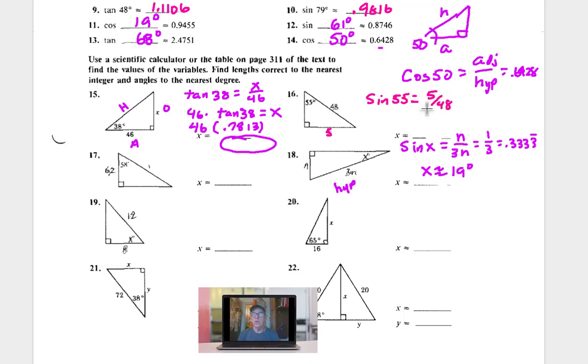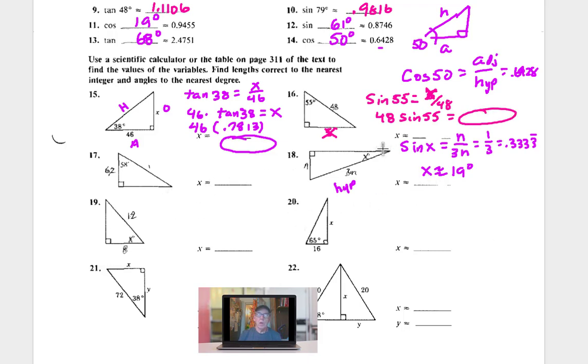So you've got to turn this into a decimal and then look it up in the table in the sine column and find the angle, or sorry, this must be x. So you're going to do 48 times the sine of 55, and whatever that comes out to be is going to be your x.